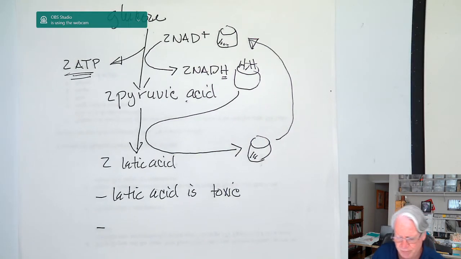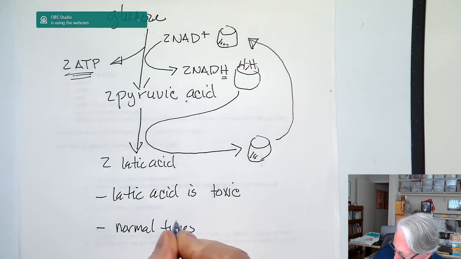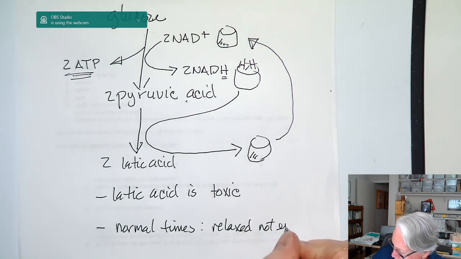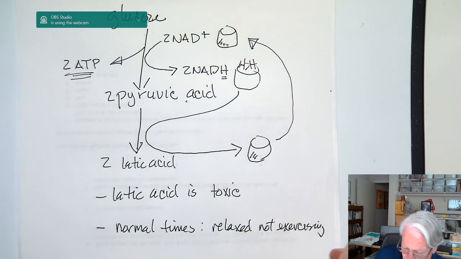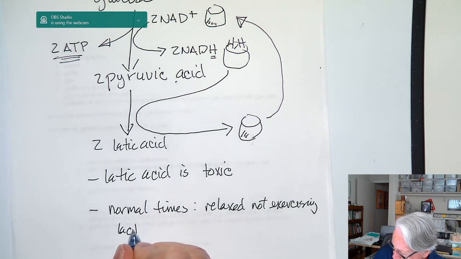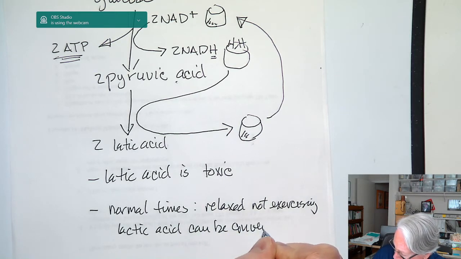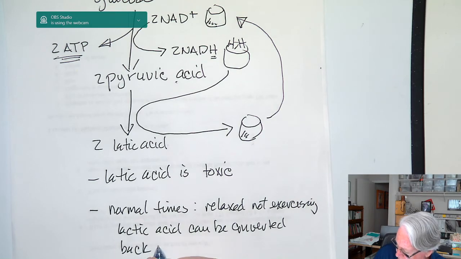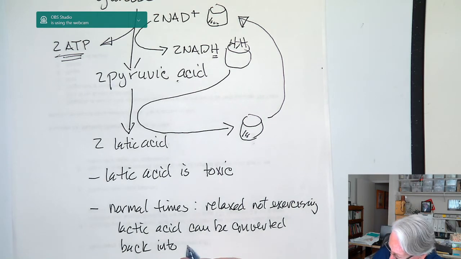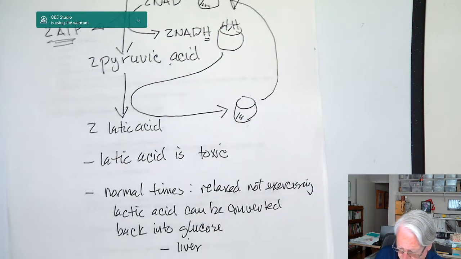So it turns out that during normal times, that is to say, when you're relaxed, not exercising, the pyruvic acid, or the lactic acid, can be converted back into ultimately glucose in the liver and in the kidneys.